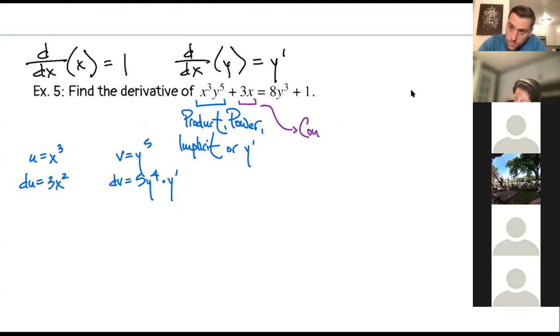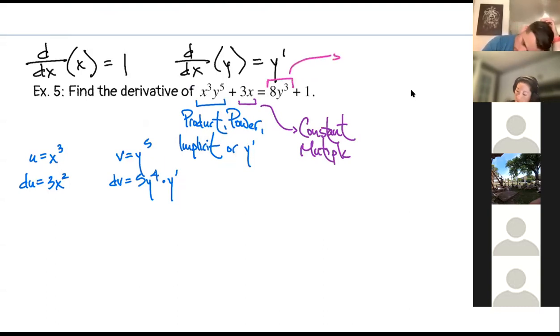Good. We're going to need that constant multiple rule. Okay. And let's do the right-hand side. Let's take a look at this 8y cubed. What rule or rules will we need for the 8y cubed?